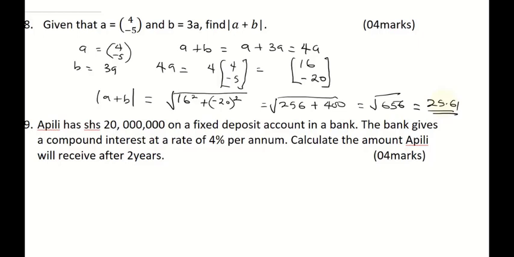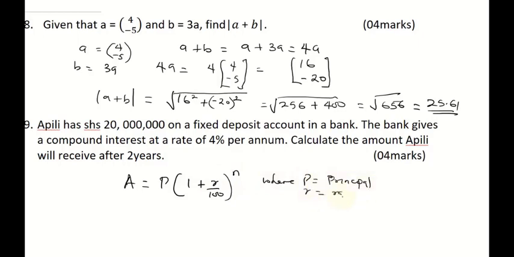Now, one of the easiest ways to solve compound interest is to apply the formula A equals P into 1 plus R over 100, all raised to power n, where P is your principal, R is your rate, and n is your time.